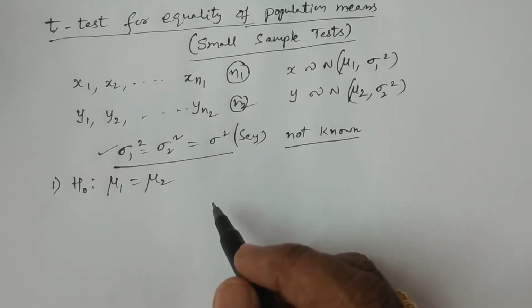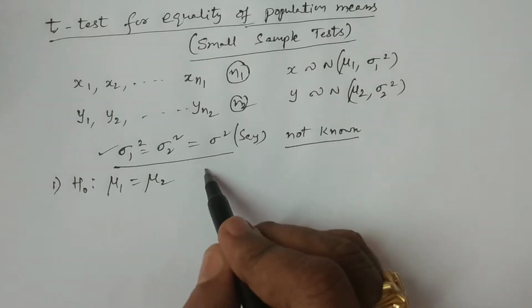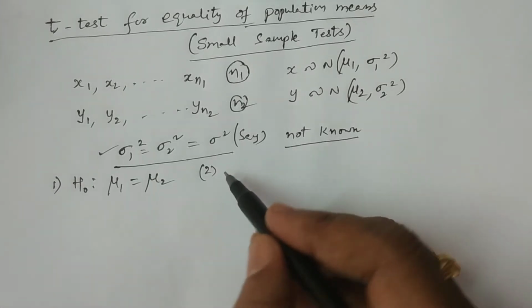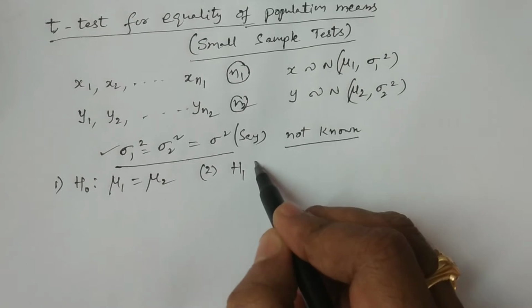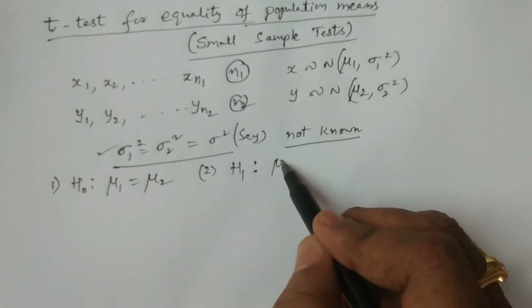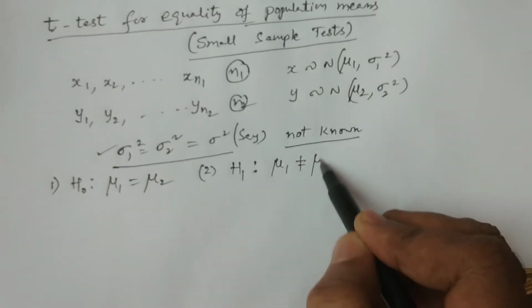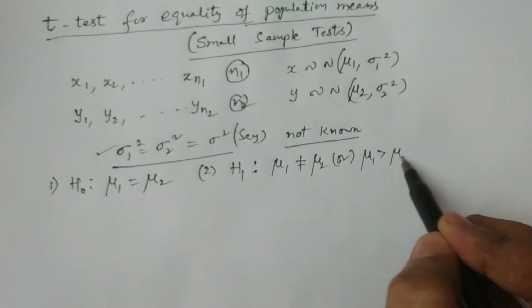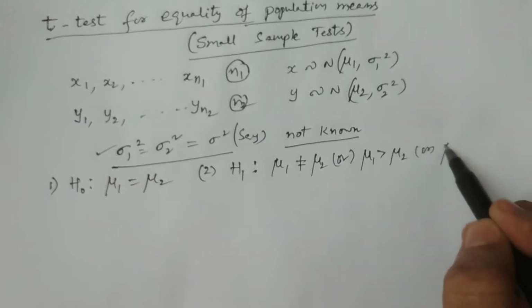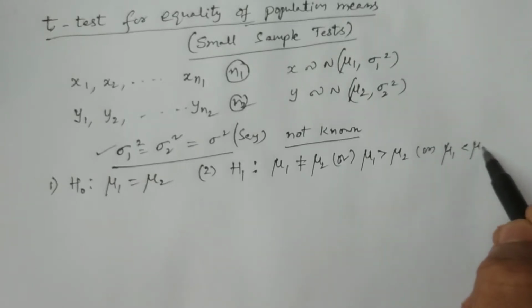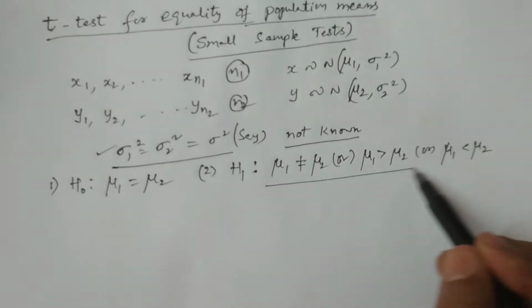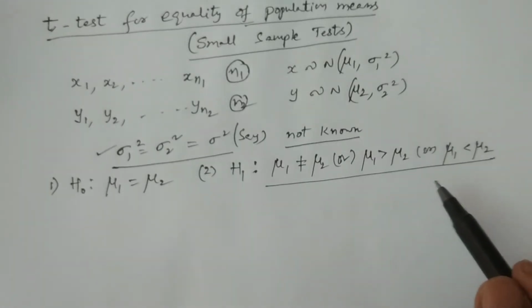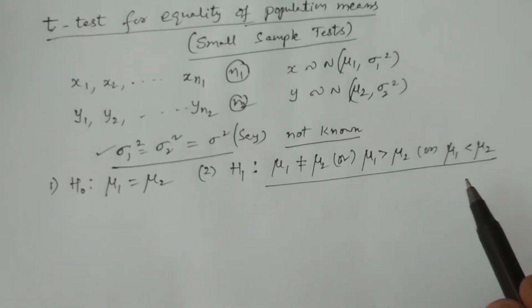The second point is the alternative hypothesis H1. We can consider mu1 not equal to mu2, or mu1 greater than mu2, or mu1 less than mu2.